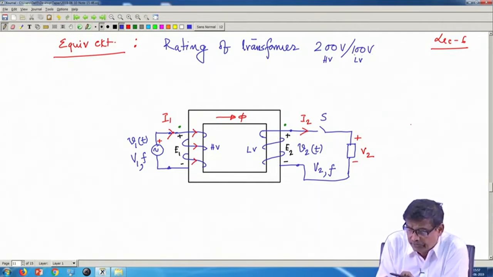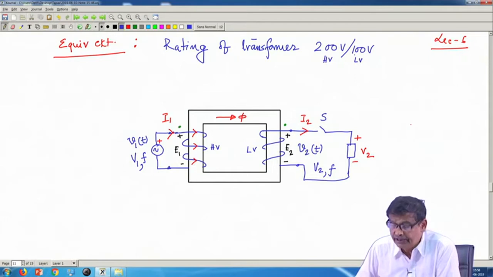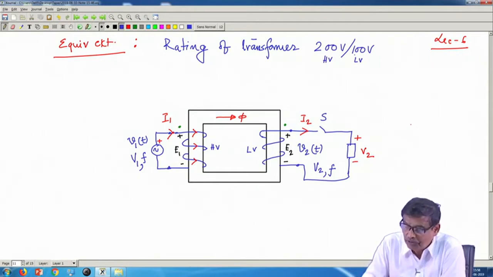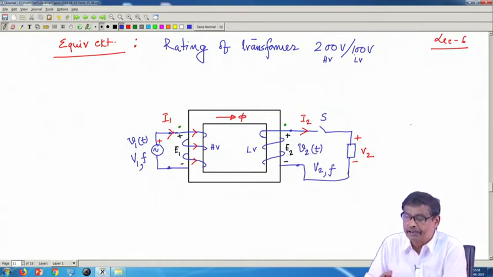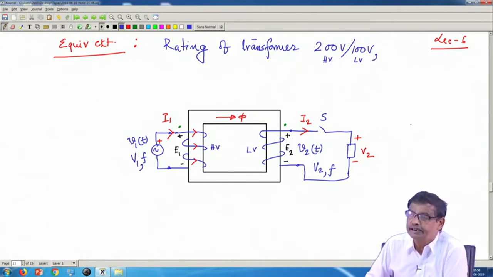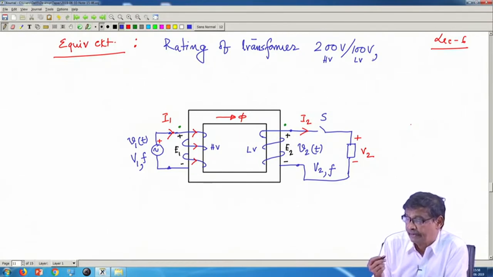Then I told you the current ratings of the coils should also be specified. Because we know the volt-ampere product remains the same, the current ratings are specified indirectly. What is specified is a kVA rating.